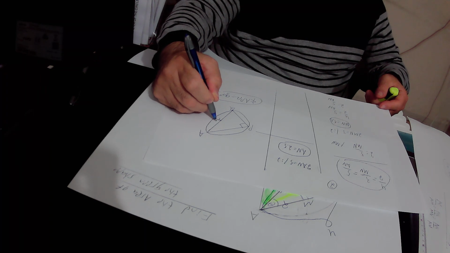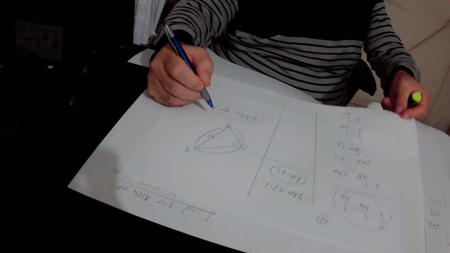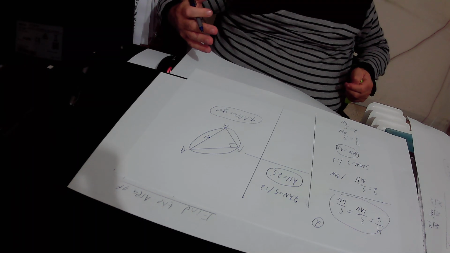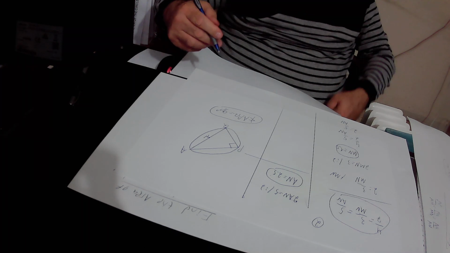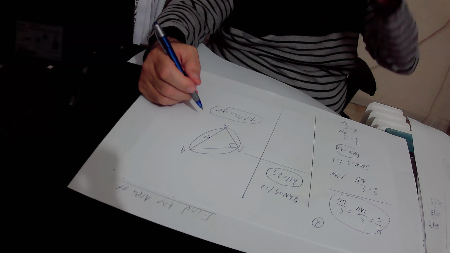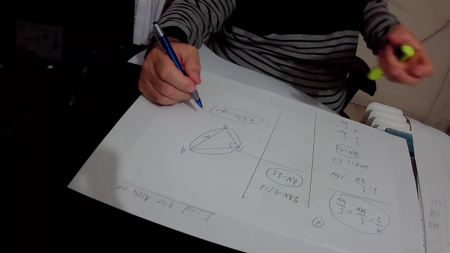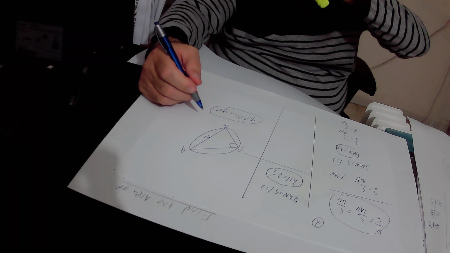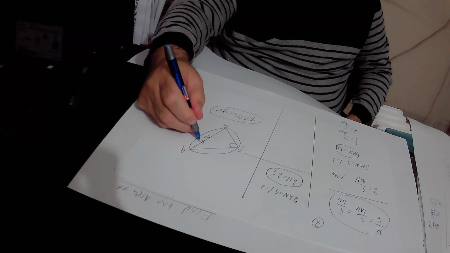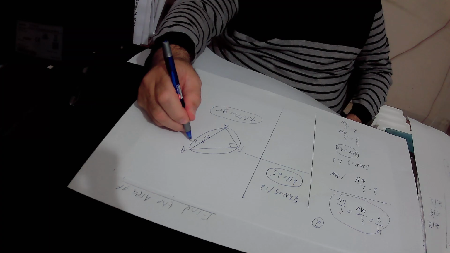Because AN equals 2.5 units, and the radius of the circle also equals 2.5 units, it means that the radius of the circle is AN.